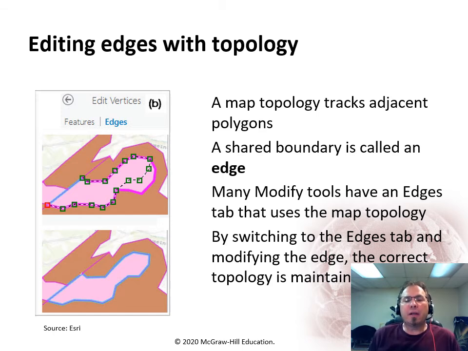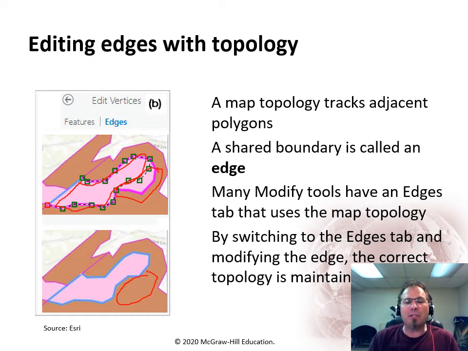When you're using map topology, you can use what's called editing edges. A shared boundary is called an edge, so that makes sense. When you're modifying polygons, the tools have what's called an edges tab that allows you to use map topology. You can see here in version A, this new polygon is created, right? That's great, but the problem is we have this gap right here. By switching to the edges tab and modifying the edge, it automatically fills all of that in with this brown color to maintain the coincidental edges correctly.